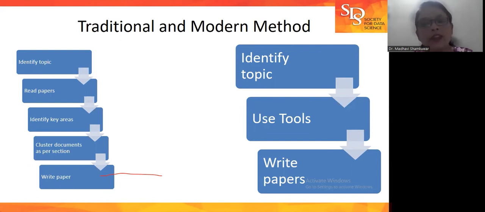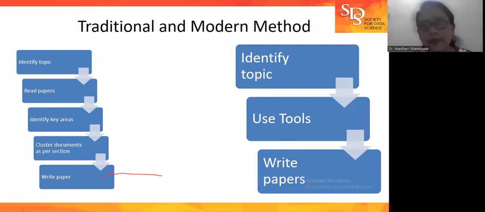Then there might be certain agricultural processes, and these agricultural processes might be automated. So after reading, we try to write down in one Excel sheet, and we try to form a cluster of documents, so that writing the paper becomes very easy.